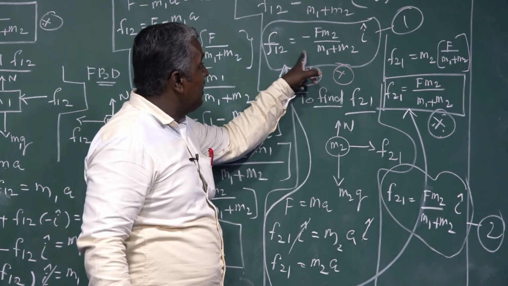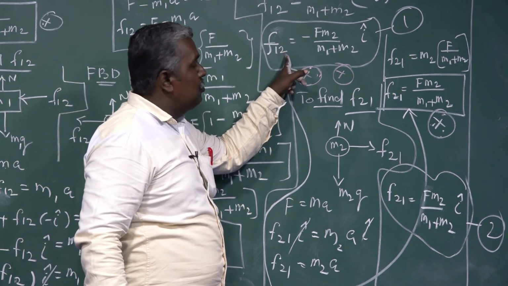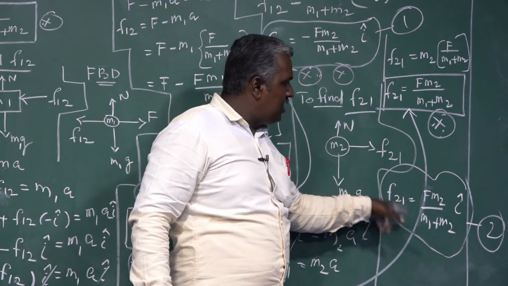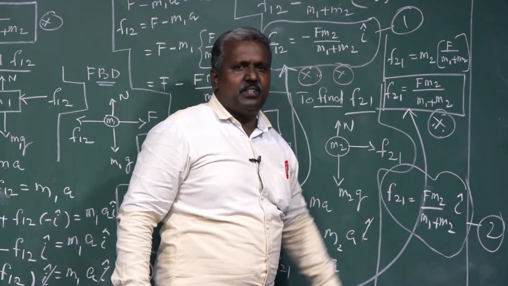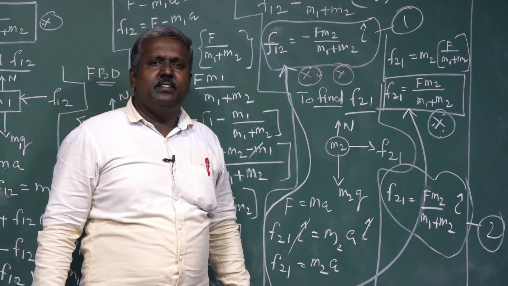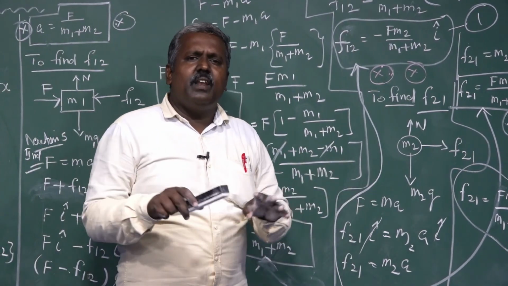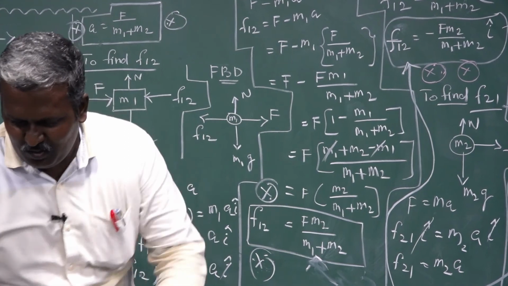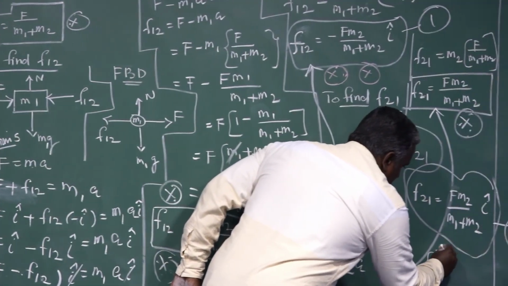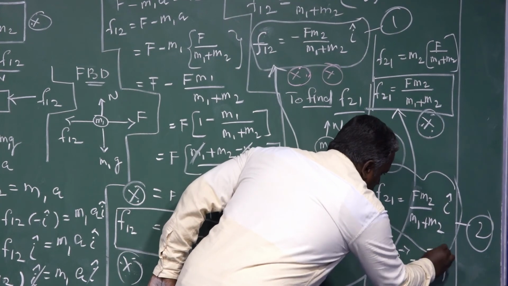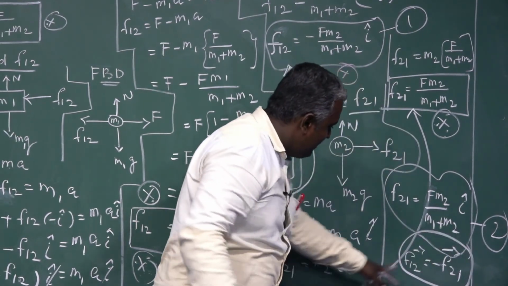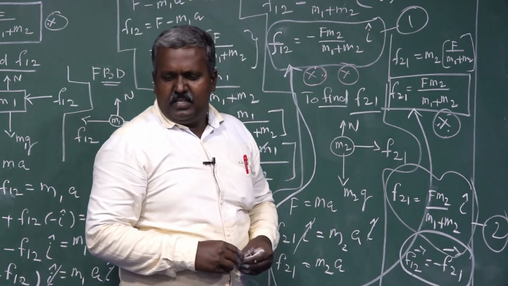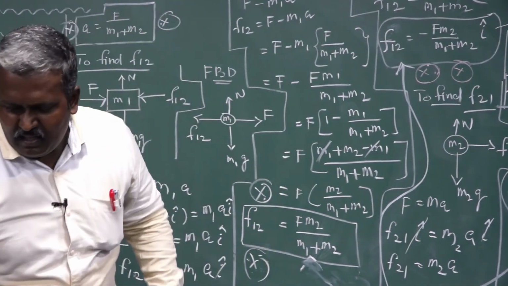What is the meaning of this? The direction of F12 is along the negative x direction, and the direction of F21 is along the positive x direction. Both are equal but opposite in direction. F12 vector is equal to minus F21 vector, according to Newton's third law: equal force but opposite direction.